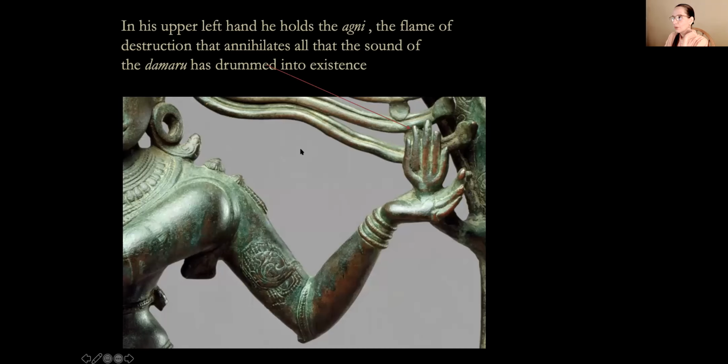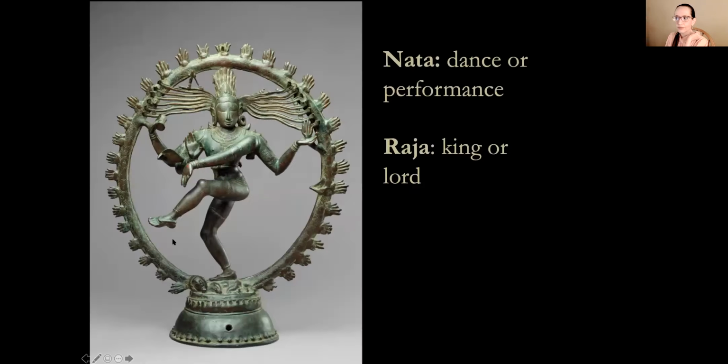And so we can call this Agni, the flame of destruction that annihilates all that the sound of the Damaru has drummed into existence. So you see between the two, we have a very nice articulation of Shiva as both creator and destroyer. So one side is destroying, the other is beating out on his sacred drum, sacred creation.